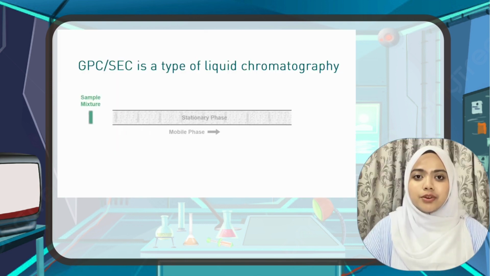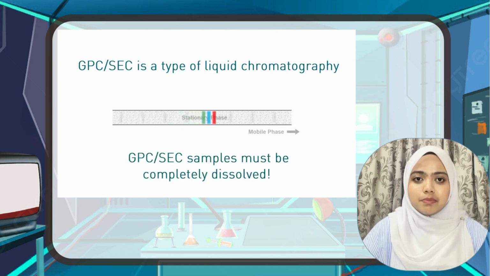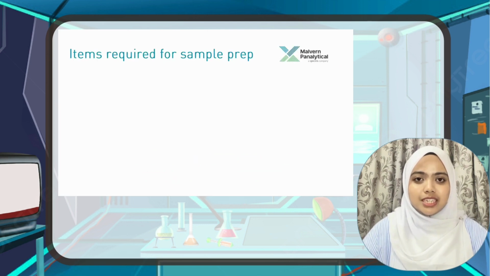SEC is a type of liquid chromatography, which means that a liquid mobile phase is used to move the sample through the system. As such, the technique requires that the sample be wholly dissolved into a solution before injection.